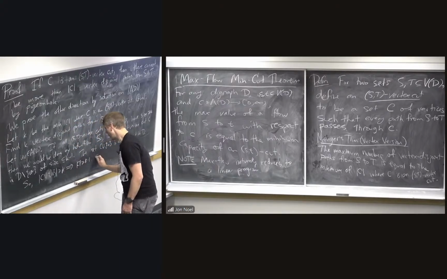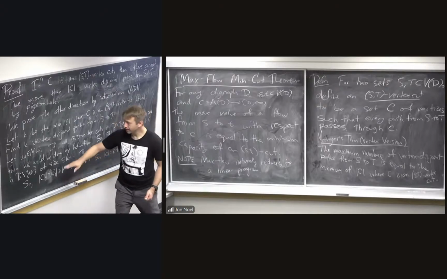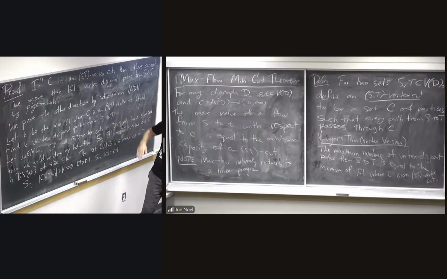So all I'm saying right now is that this set C has size exactly K minus 1. Right. The reason I know this is because in my original digraph, K is the minimum size of an ST vertex cut. Okay. Any questions about that?